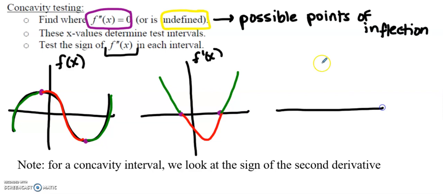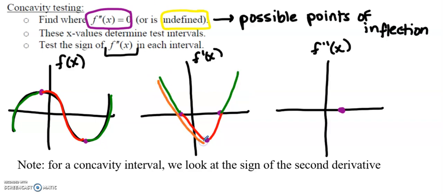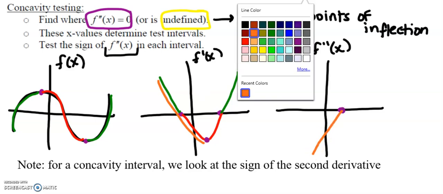Well, then if I were to think about f double prime, now I'm going to take the zeros from f prime, and I'm going to look at this part was all decreasing, which means below the x-axis, and what color haven't I used yet? We'll go pink.